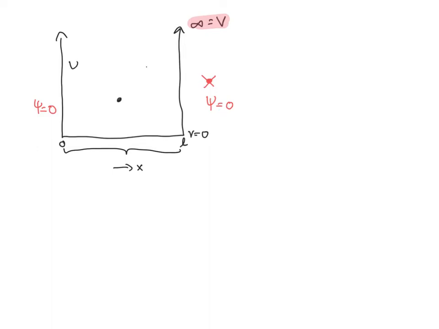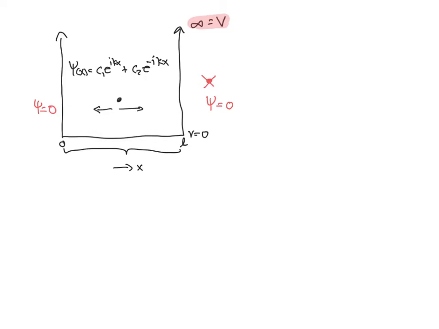And so we're going to write the wave function as c1 e to the ikx plus c2 e to the minus ikx. So we have these traveling waves. The particle can be going in the plus x or the minus x direction, and it can travel back and forth in this box. Okay, so that's what our wave function looks like.